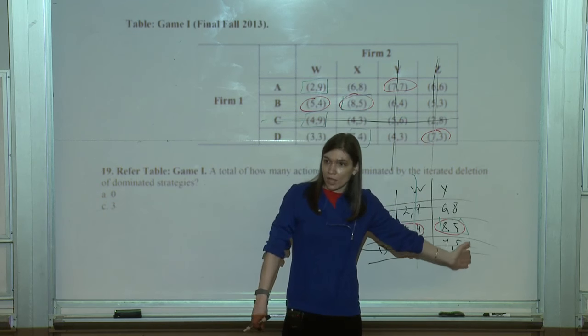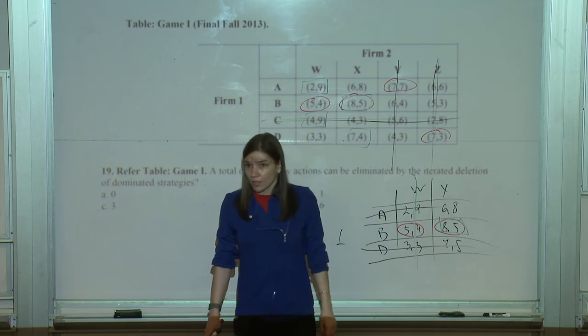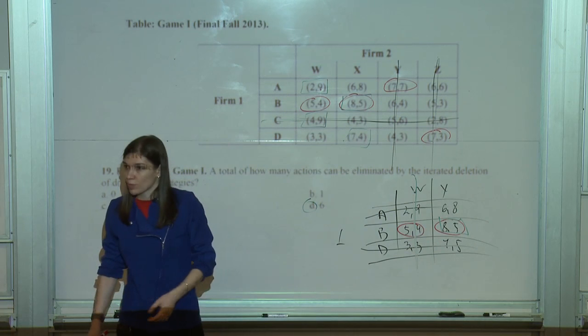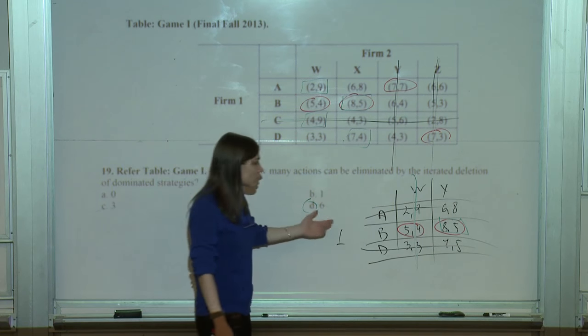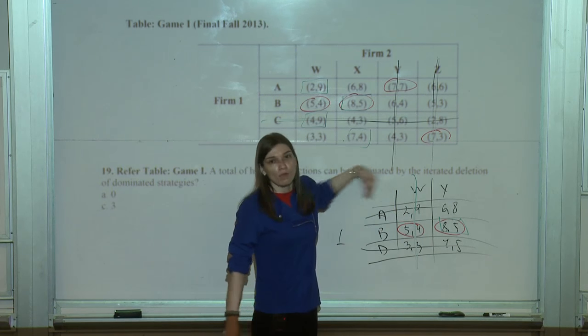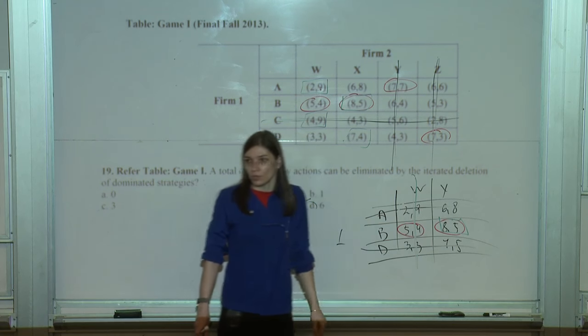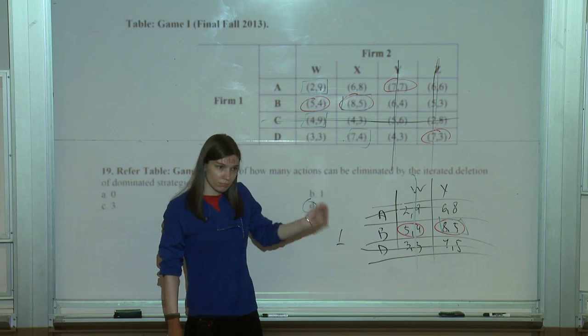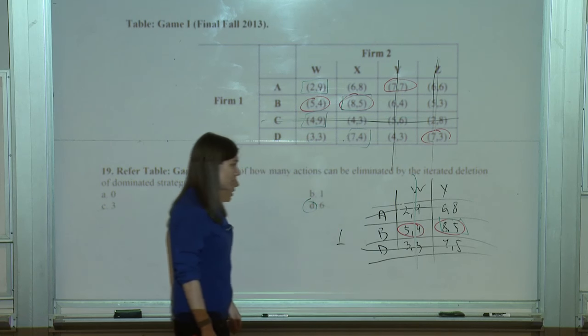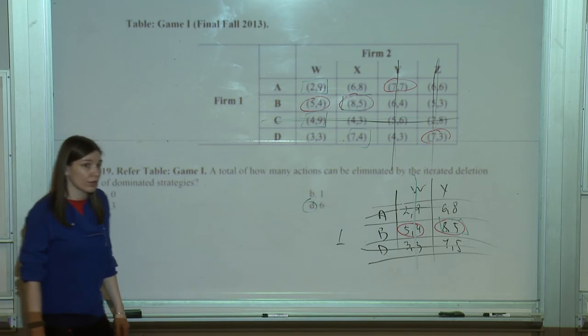And if they were to go that way, what should I do? And keep going, and then consider the other person's perspective as well. It is always going to be the case that the first payoff is to player 1, and the second payoff is to player 2, what they get. So be careful there. But as long as you follow the steps, you should be okay with these types of problems.